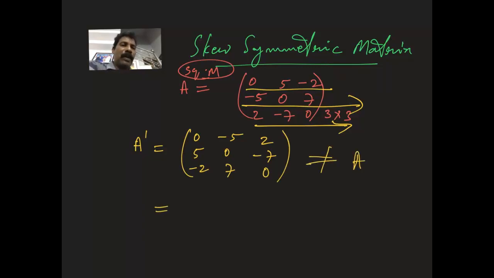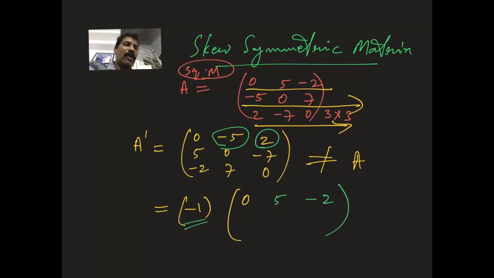But if we take a negative one outside from each and every element, then what will happen? We are having 0, then negative 5 becomes 5, 2 becomes negative 2 because we have taken negative one outside, then 5 becomes negative 5, 0 becomes unaltered, and negative 7 means here 7, negative 2 means here 2, 7 becomes negative 7, and 0 unaltered.